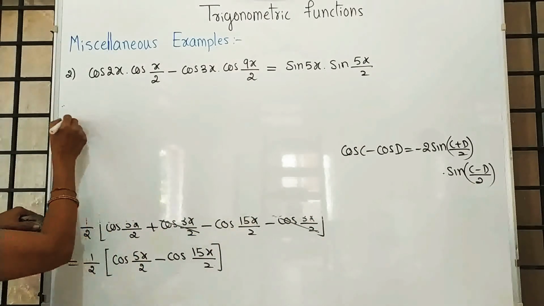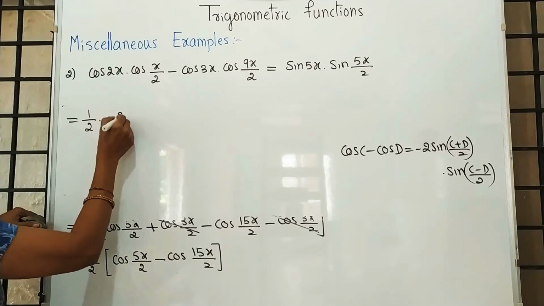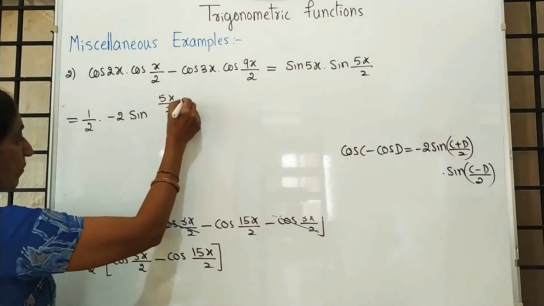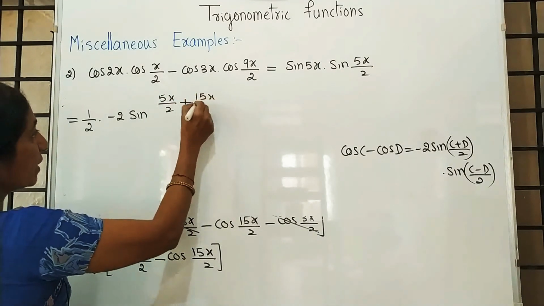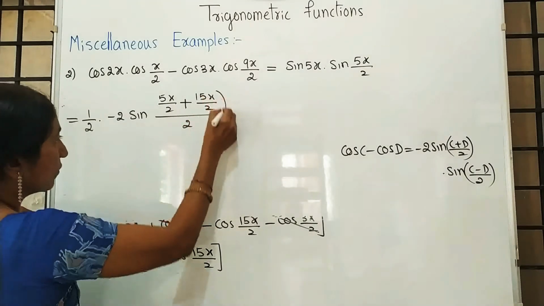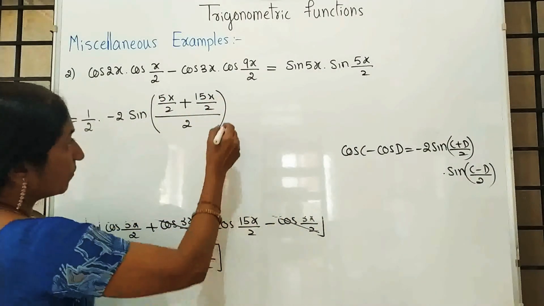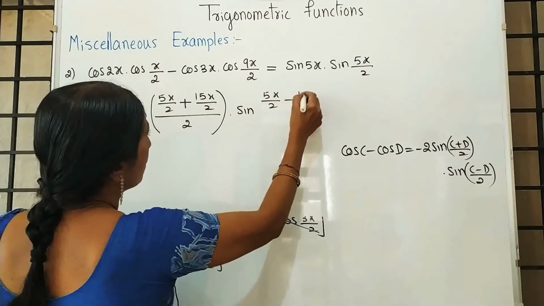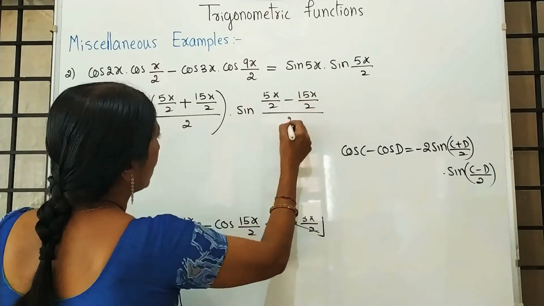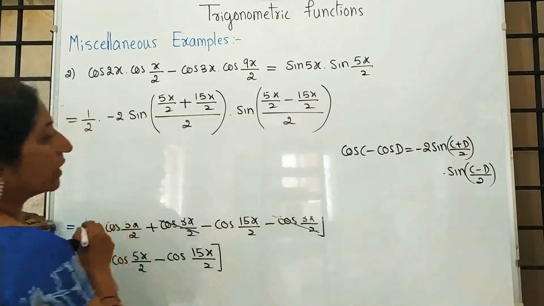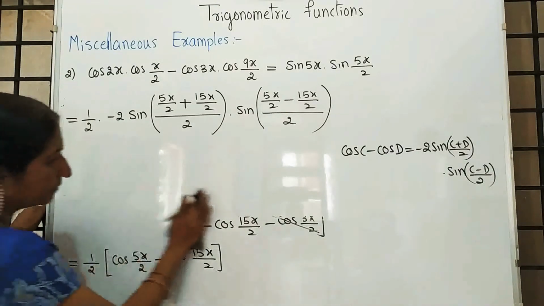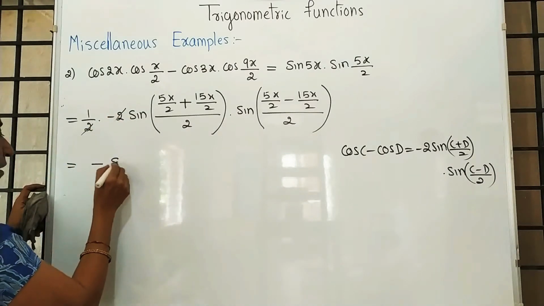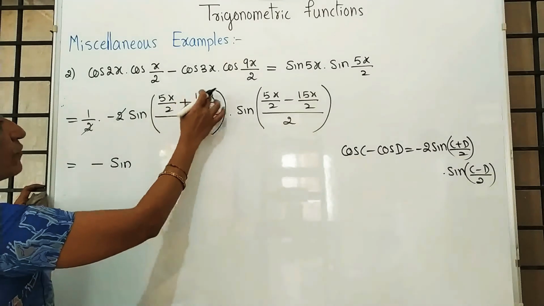So it is 1/2 already there into minus 2 sin (5x/2 + 15x/2) whole upon 2 into sin (5x/2 - 15x/2) whole divided by 2. So here these 2 and these 2 get cancelled.